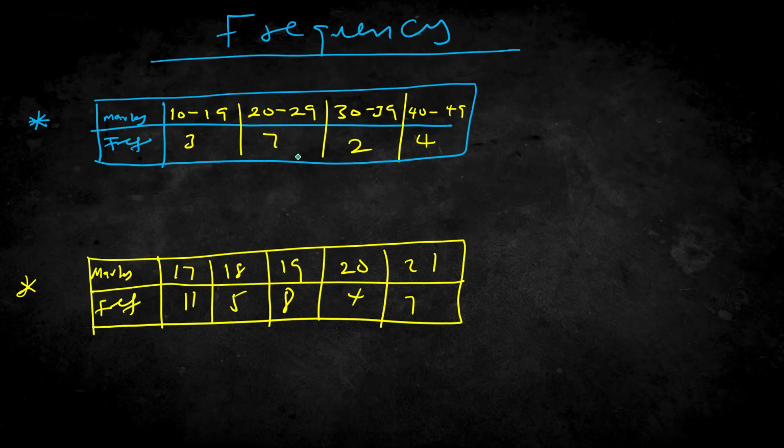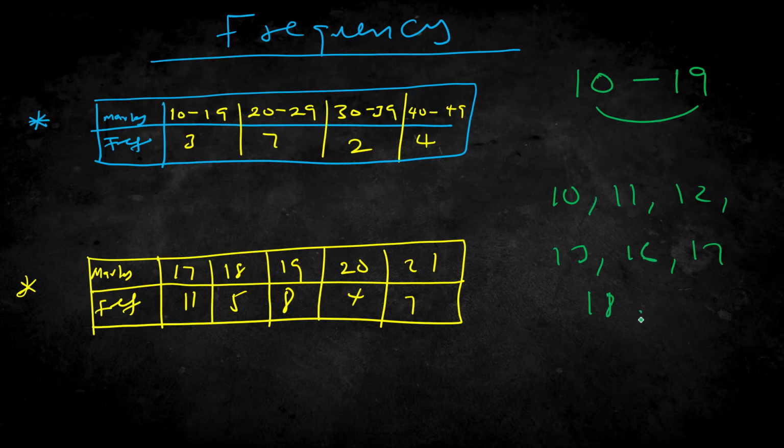Now let's observe the first one. We have marks. Now this one is not 10 minus 19. This one means the interval. When you see this, it's an interval. So we mean 10 to 19. So when we're given data like 10, 11, 12, 13, 16, 17, 18, 19, from 10 to 19, that's the interval.